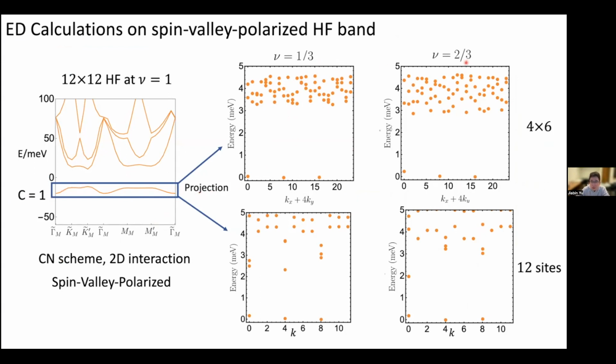But this calculation will show FCIs at both 1/3 and 2/3, and the strengths and gaps of the FCIs are quite similar. But in experiment, people only see 2/3 FCI, not 1/3 FCI. So if we use this method, there is a mismatch with experiment.